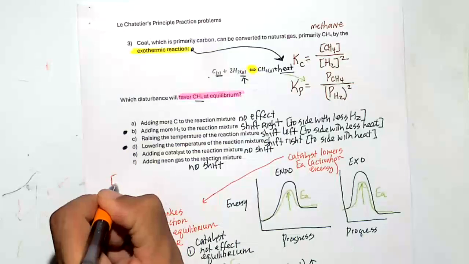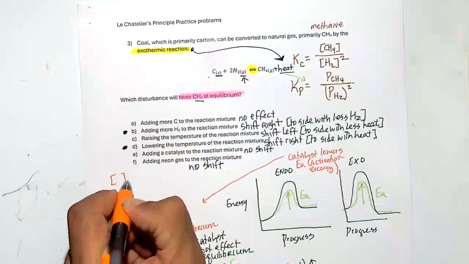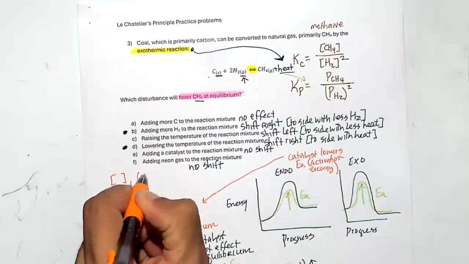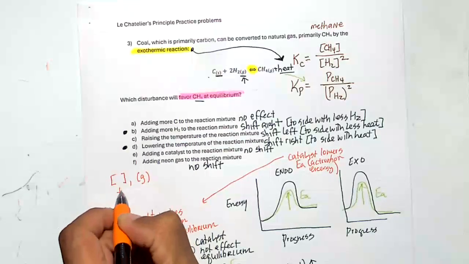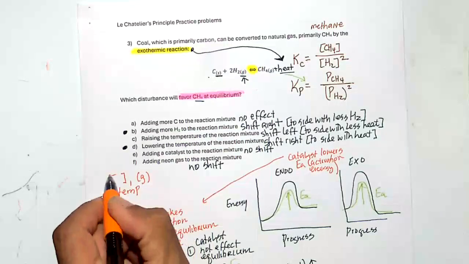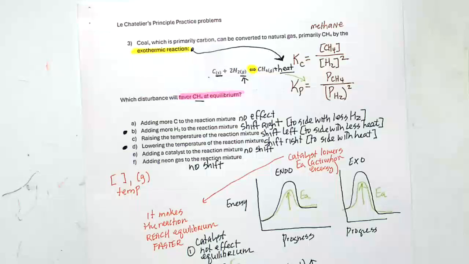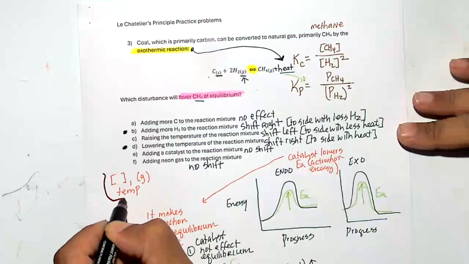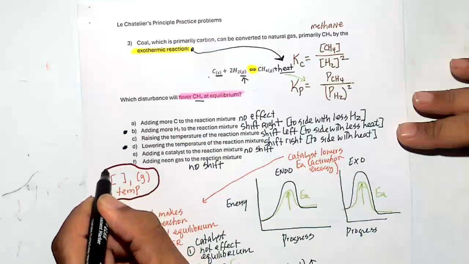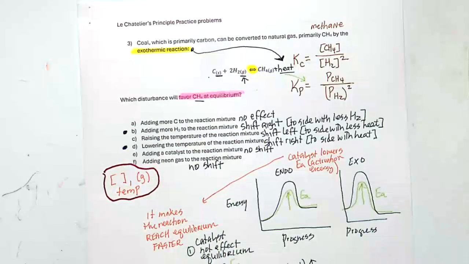The only thing that's really affecting your equilibrium is aqueous, and then the gas, and then temperature. These are the things that are changing the equilibrium. These are the disturbances to the equilibrium.